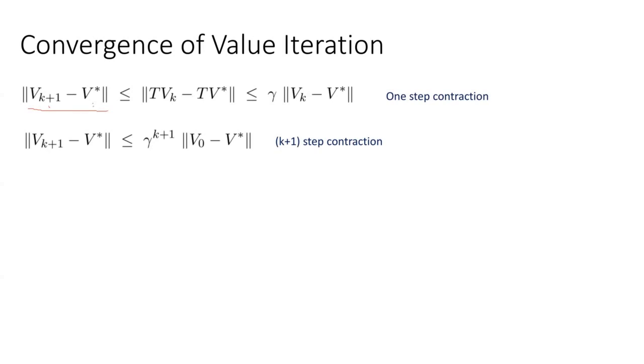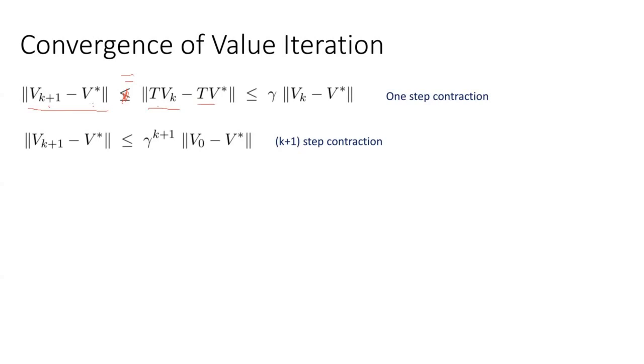By definition of value iteration, v_{k+1} is, this has to be an equality, nothing but Tvk. Now v star is a fixed point, so I can write v star as Tv star.